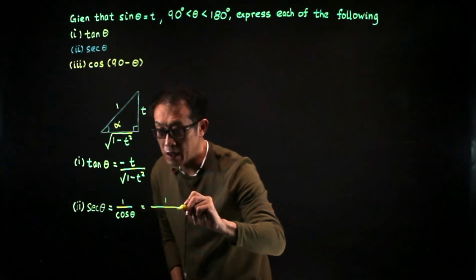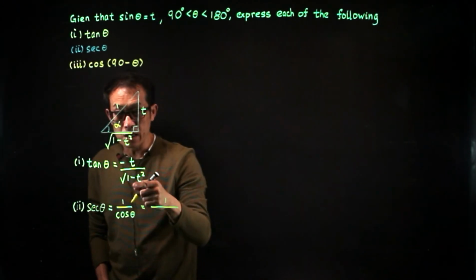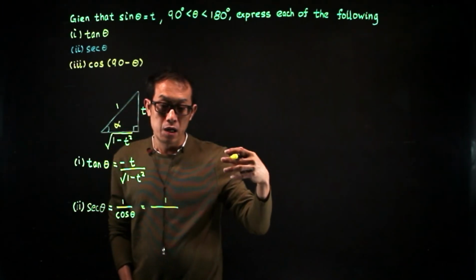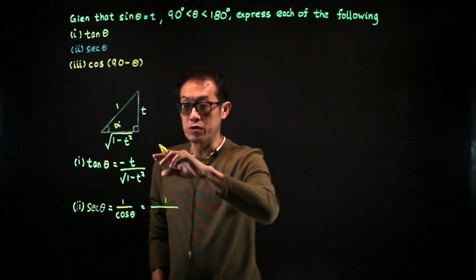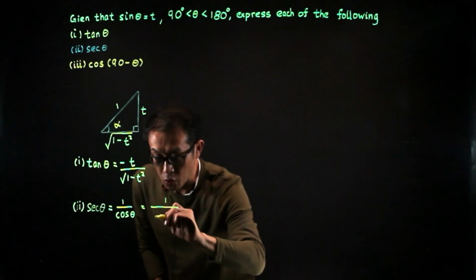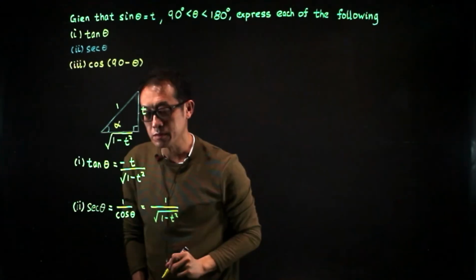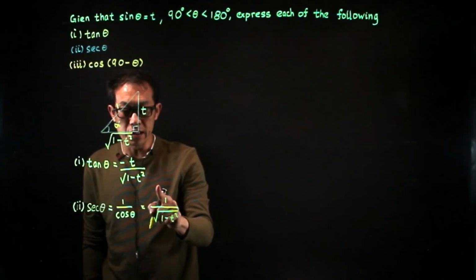Cos is adjacent over hypotenuse, so it's this over this. So it's root 1 minus t squared. Now, is this value positive or negative?